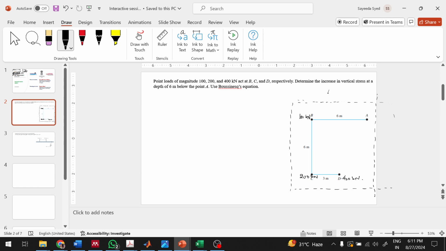So this is a plan, and you have 3 points here, here, and here, on which you have applied point loads of 100, 200, and 400. So in the side view, actually let me draw it here.